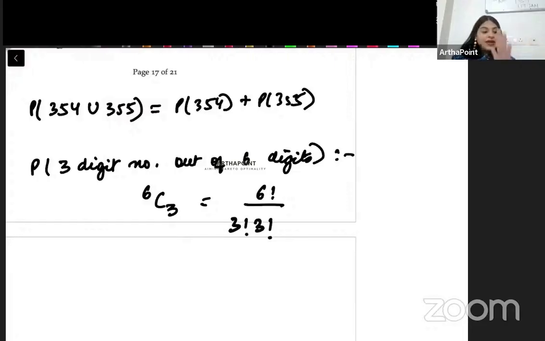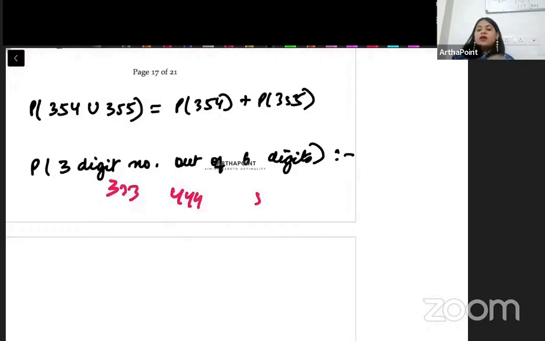But this is with replacement, beta. I can have all 3 digits to be the same. So I can include 333, 444, 555. Without replacement, I should have used combination, but I can get any of the 3 digits. So I have to formulate a 3-digit number.